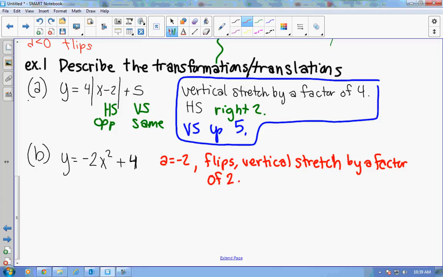So it flips and it's a vertical stretch by a factor of 2, meaning it gets steeper twice as fast than the parent function.